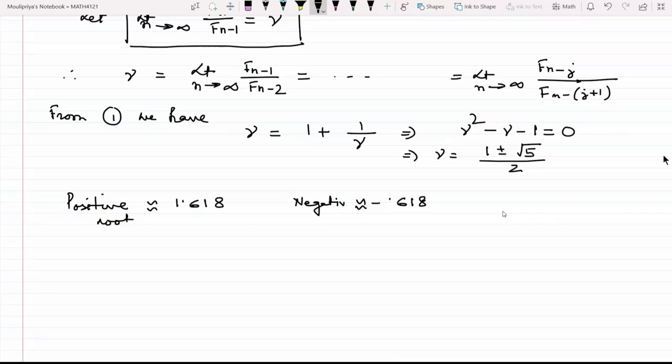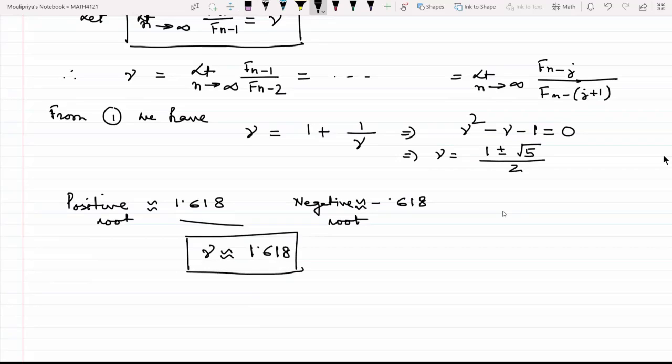The positive root is said to be the golden ratio, and this is denoted by gamma. This is a very, very important result. The value of the golden ratio gamma is 1.618, and on the contrary, if I take the absolute value of the negative root 0.618, you will find that this is actually equal to 1 by gamma. So these are two very interesting observations that we are getting as roots.